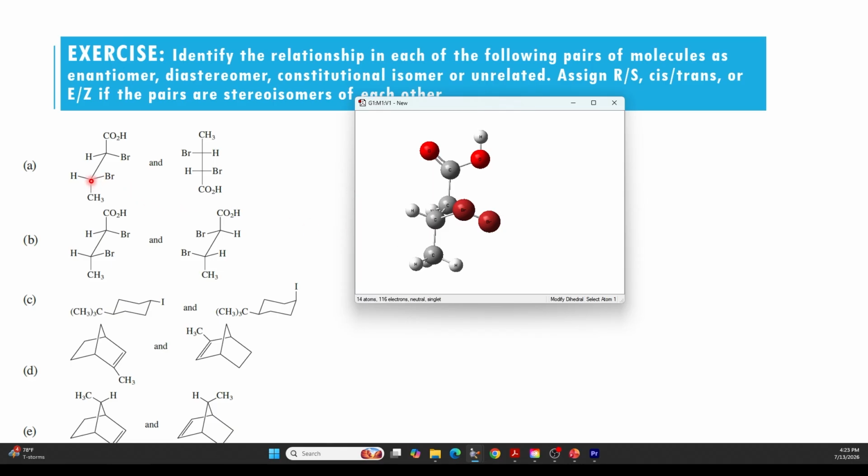And we also have another chiral center here, and the chiral carbon and the methyl carbon bond is also parallel to the plane of the screen. And the molecule is held a little bit oblique like this.